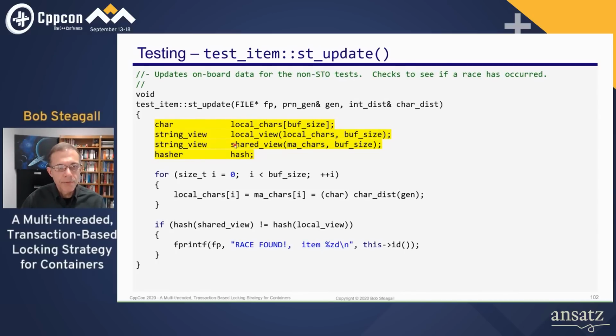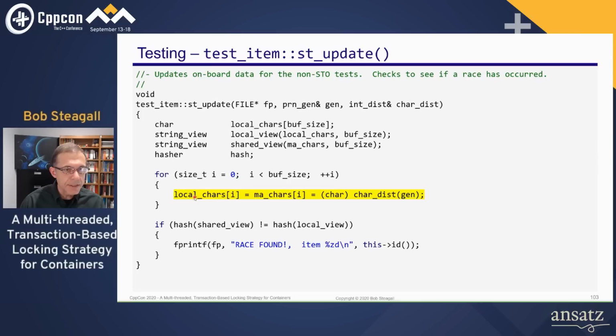So I have member data, which is possibly shared amongst threads, and I have local data, which is only visible in this thread. And so what I'm going to do is update the local data and the member data at the same time in this simple loop.